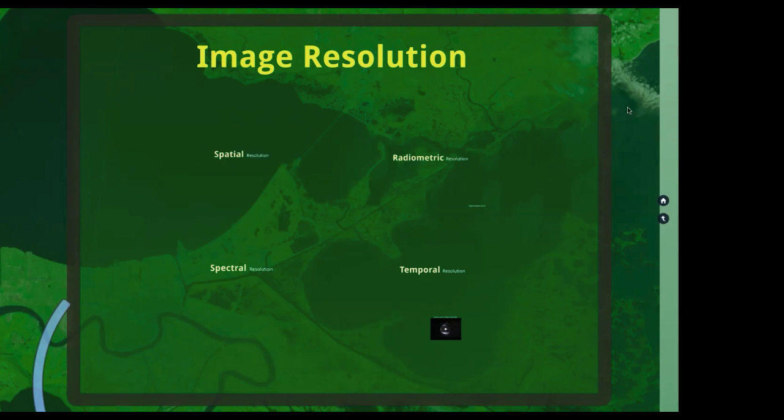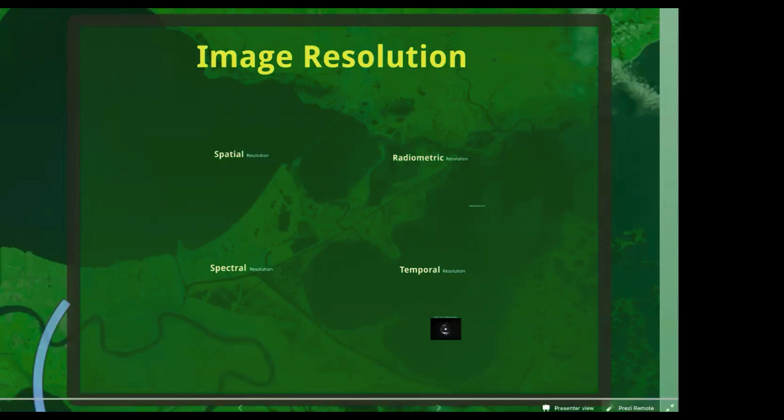For example, spatial, because as long as you have seen image data, you probably have some sense of what spatial resolution means. Even if you don't know the term radiometric, when I show you an example, I'm sure you will be able to see what that means. The only one that is relatively new may be the spectral, but it's ongoing, so we're talking about spectral information the whole time.